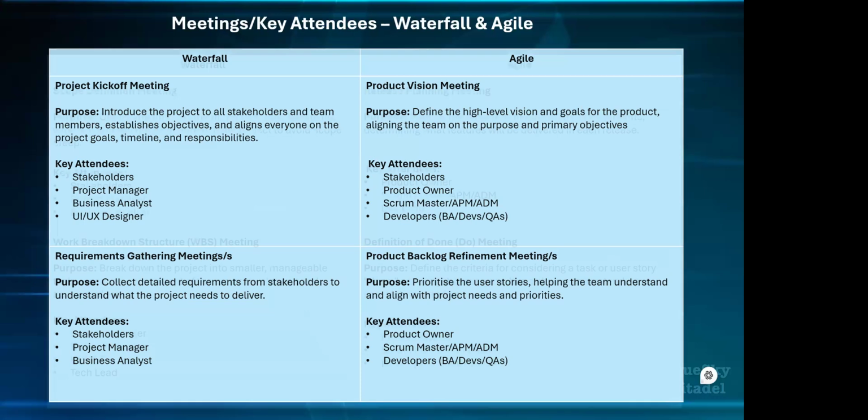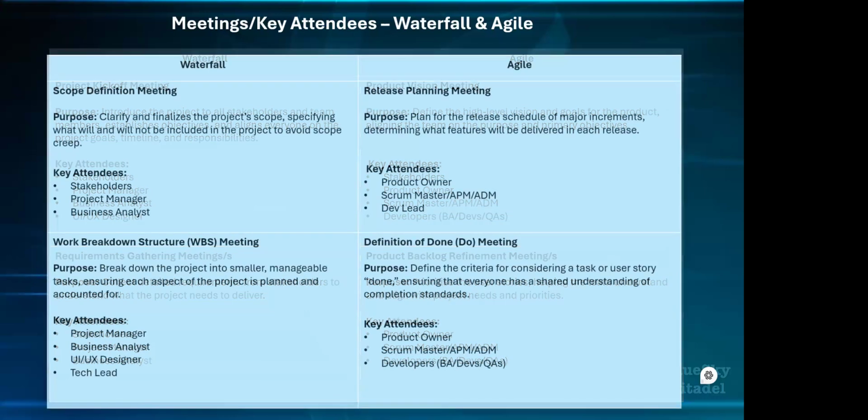Okay, so the next meeting we have for Agile is the release planning meeting. The purpose of that meeting is to have a release schedule of major increments, and then determine what feature will be released at what time for each release, like we've discussed already. What is the goal? What are the deliverables that need to be at that particular release? And then we're defining the release goal.